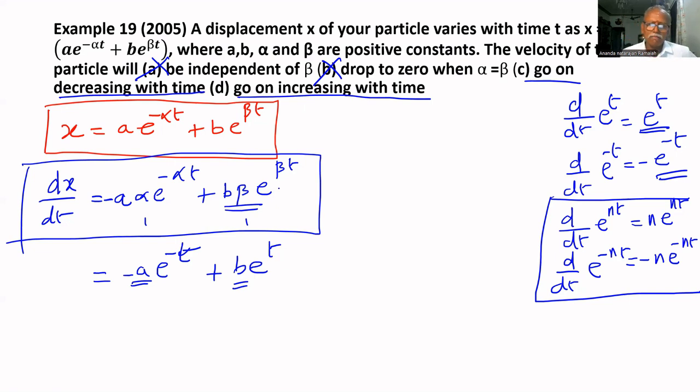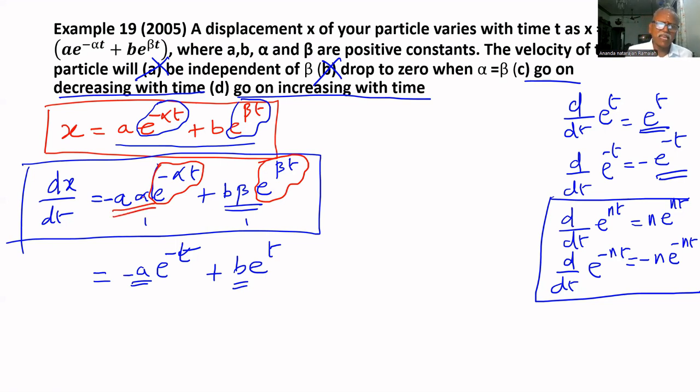For that, these two terms are added together, so we must know the graph for e power minus alpha t and the graph for e power beta t multiplied by a alpha and b beta. Let us assume a, alpha, b, beta are 1, no problem.